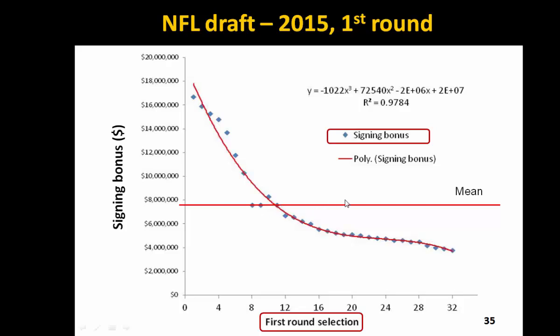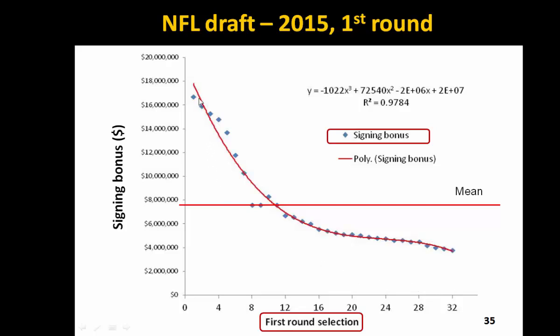In some situations, the average is a helpful statistic, but if we only focus on the average, we see here that the average is not a direct reflection of what each player got paid.